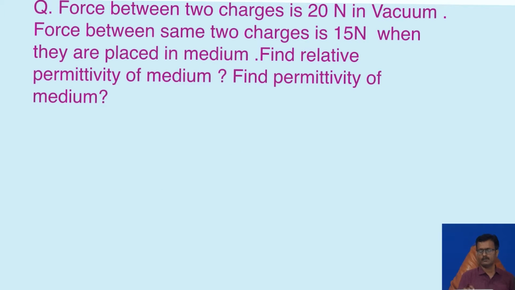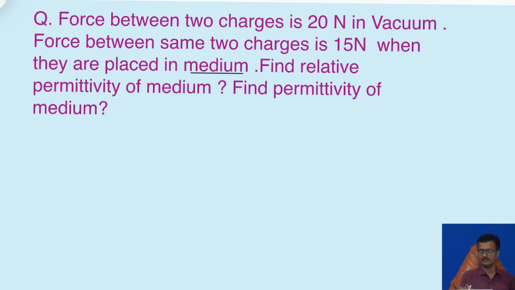Next question. The force between two charges is 20 newtons in vacuum. The force between the same two charges is 15 newtons when they are placed in a medium. So there is a force decrease, so the medium should be dielectric. Find the relative permittivity of the medium. The force in vacuum, the symbol is F naught, that is 20 newtons.